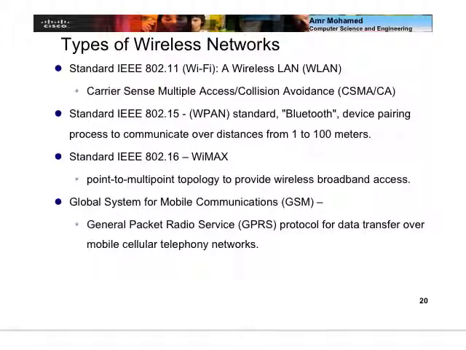That does not eliminate collision. Collision may still happen. If collision happens, then in wireless we cannot detect it, unfortunately. So we use what we call collision avoidance. We try to avoid collision, but we cannot eliminate it at all.